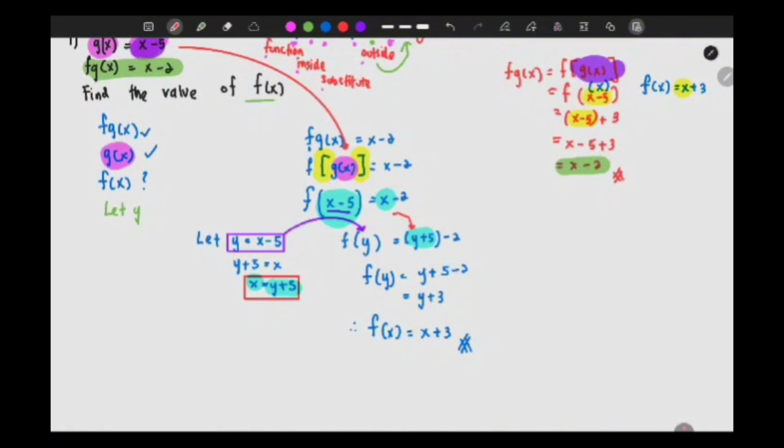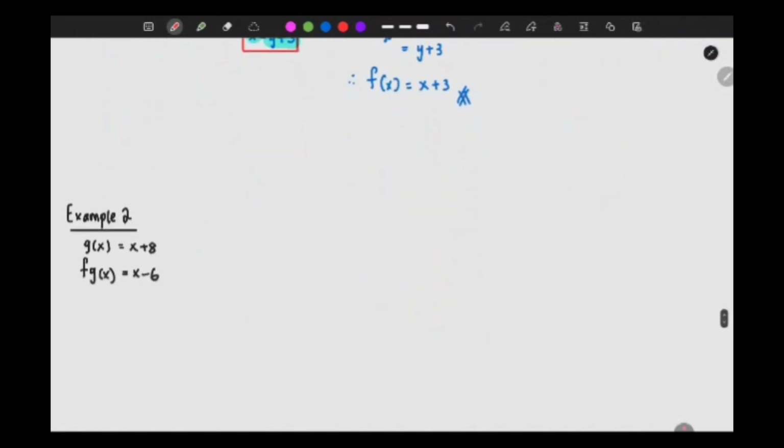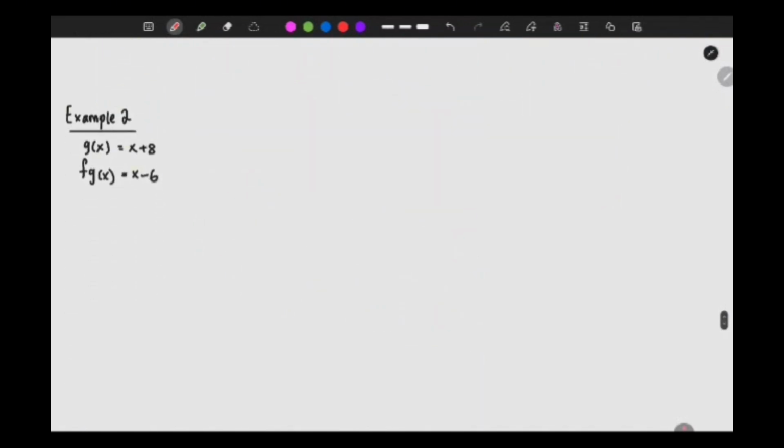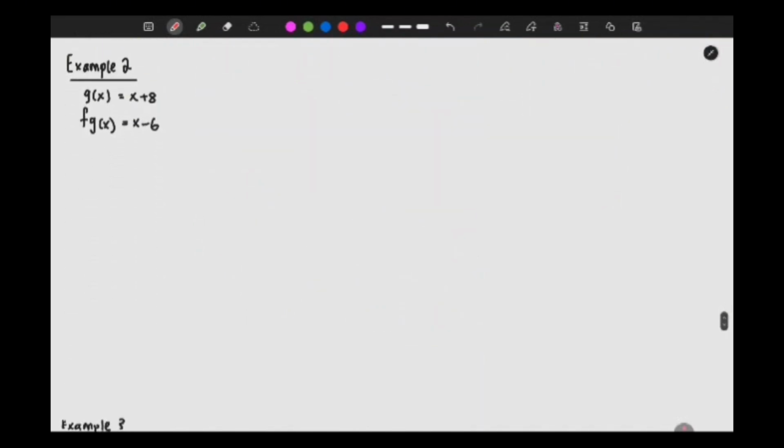Now let's move on to the next question. This is example 2. So here you go, same concept. Let's write the first point so that you don't forget this. Remember, this one, let y.